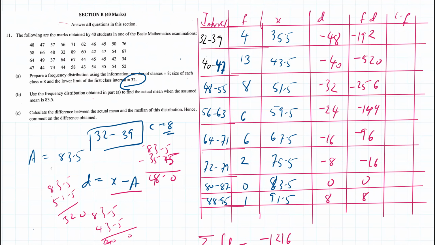But before we go there, let us fill this column here of cumulative frequency. So you have 4, 17, 25, 31, 37, 39, and 40.